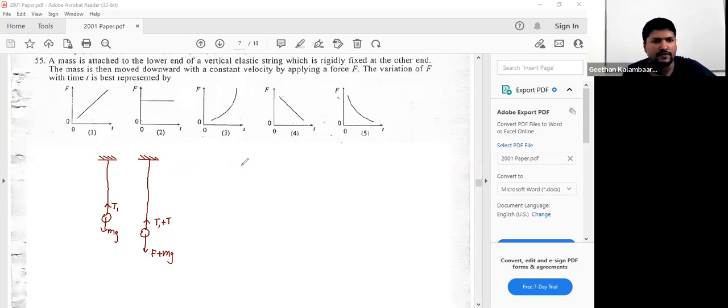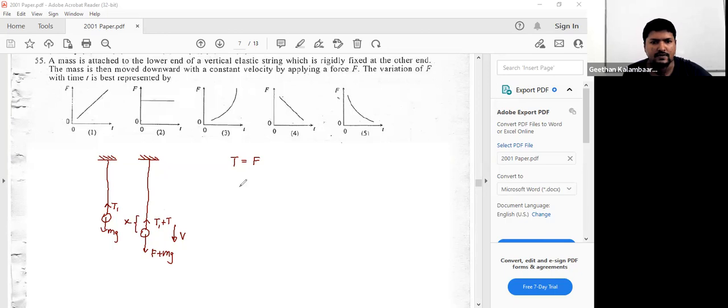They're asking the variation with time, so we are moving this with a constant velocity. Right, so the acceleration has to be 0. So we can say that T is equal to F. There's no acceleration, so T is equal to F. And also T is equal to Kx, where the extension is x.